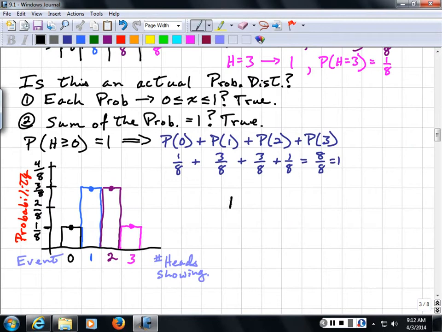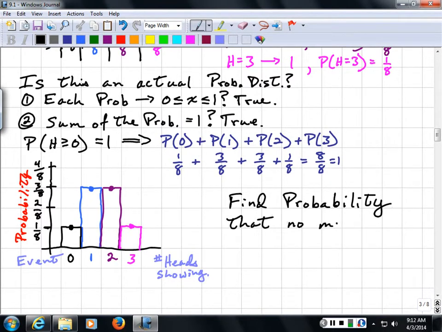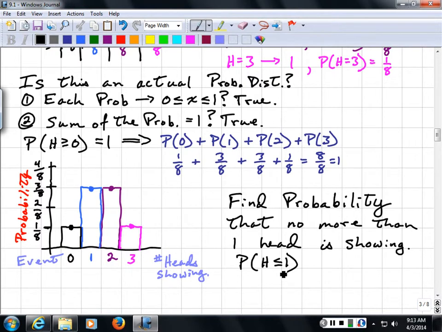So, find the probability, and what that comes out to be is the probability that heads is less than or equal to 1, right? Or you could write it as the probability of no heads plus the probability of one head, which is really what you're going to do, okay?